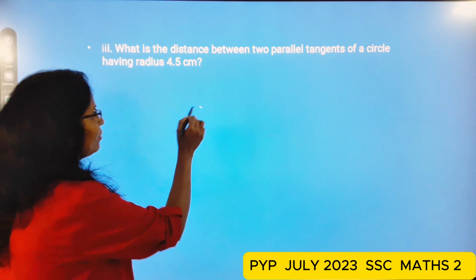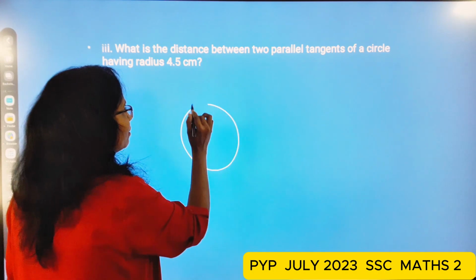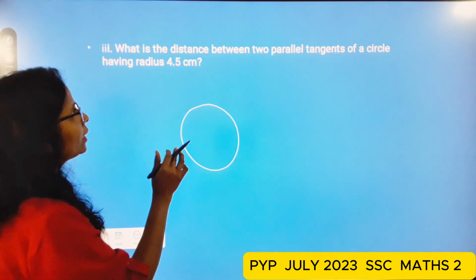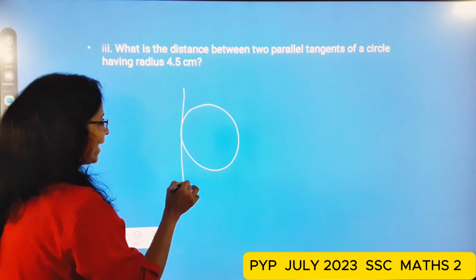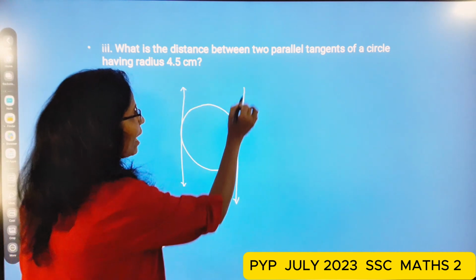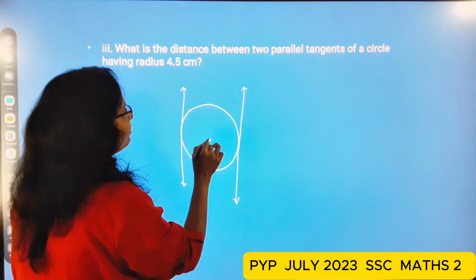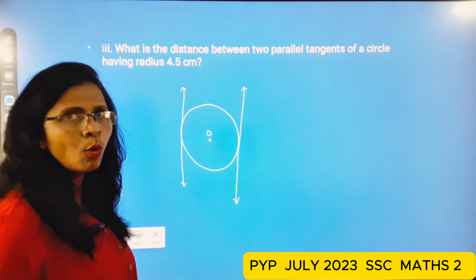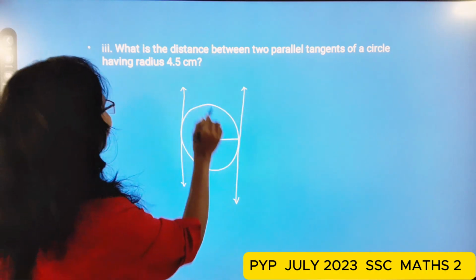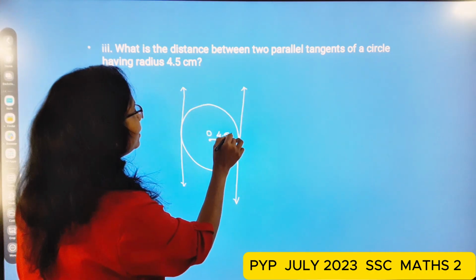Now here, students, suppose there is a circle having parallel tangents. These are the parallel tangents. The circle has center O and the radius is 4.5 centimeter.